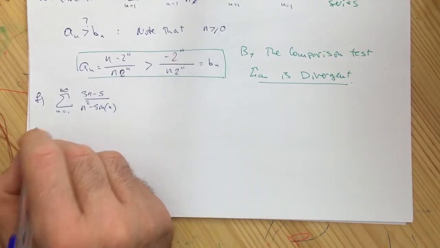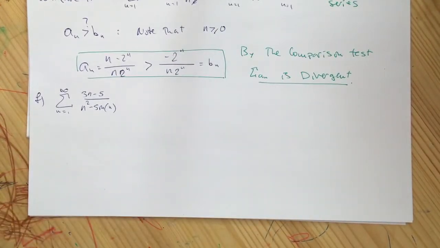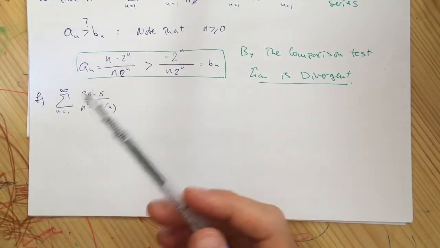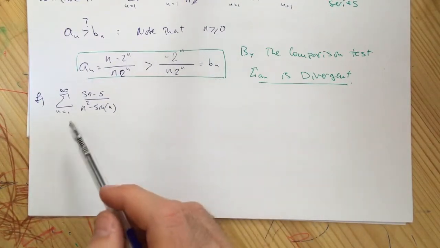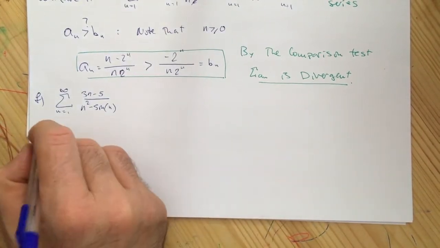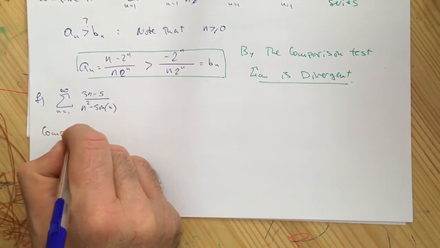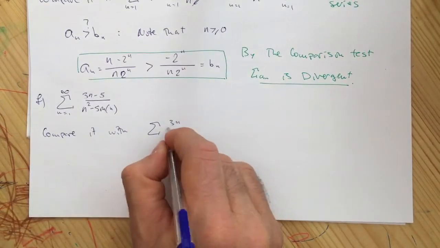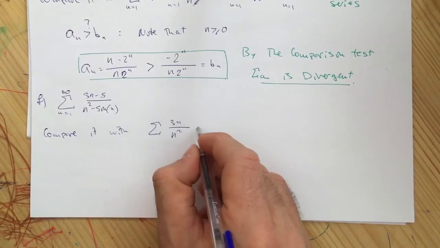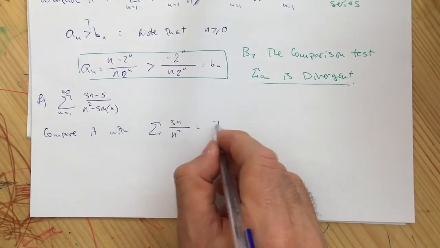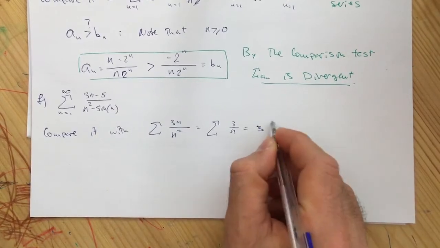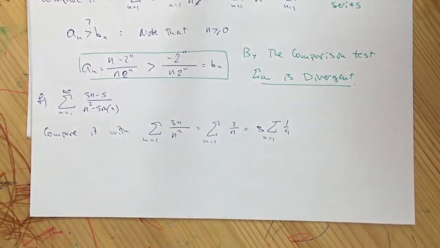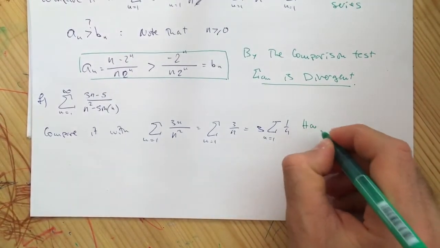That leaves me only with the tests for positive series. I will use the comparison test, comparing this with 3n, the leading term in the numerator, over n squared, the leading term in the denominator, which is 3 over n, which is 3 times the sum of 1 over n. And 1 over n is harmonic, which means it is a divergent series.